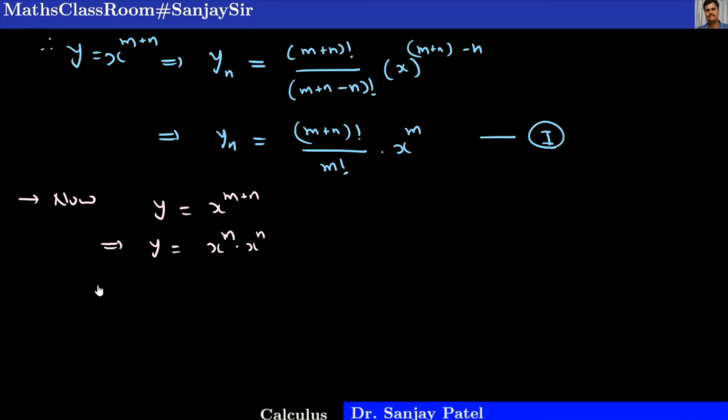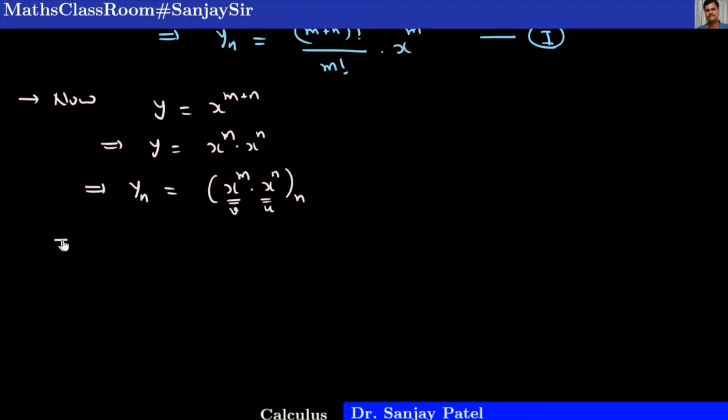And then taking nth derivative both the sides, yn is equal to nth derivative of the product of these two functions. So one function I will take as u, another as v. Here both the functions are simple polynomials, so we can take either as u or v. Let us take this function as u and this as v.